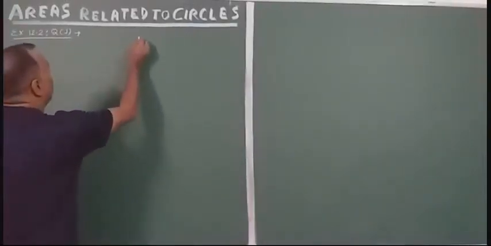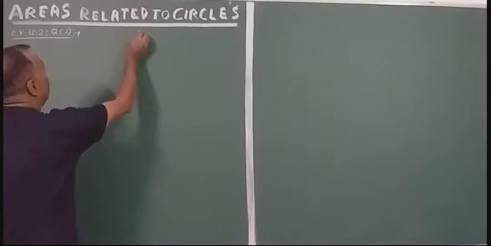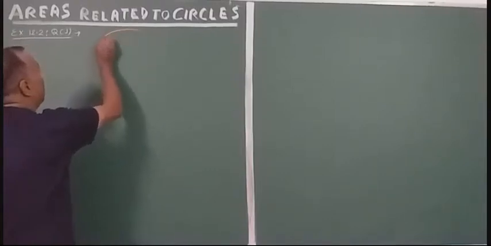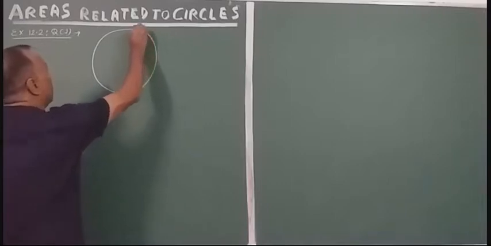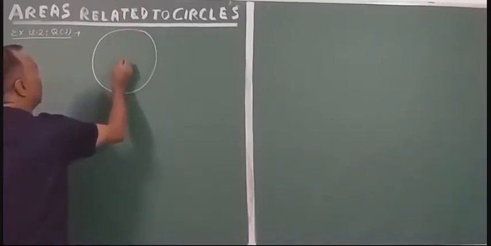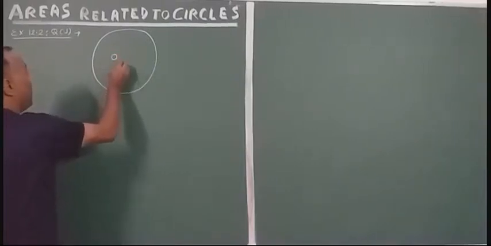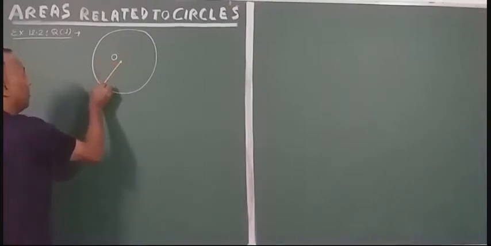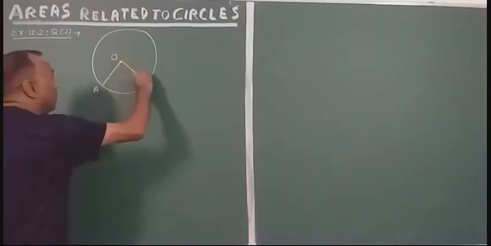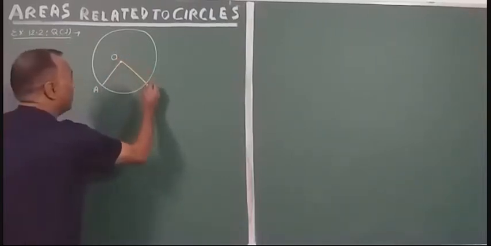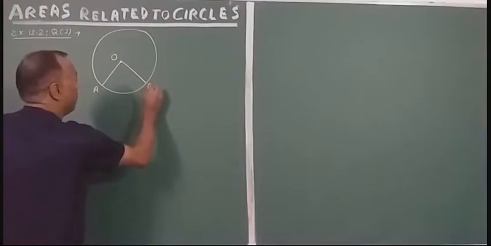So first we will tell you what is a sector of a circle. Suppose this is the center of circle O, and this is the radius OA and this is the radius OB.